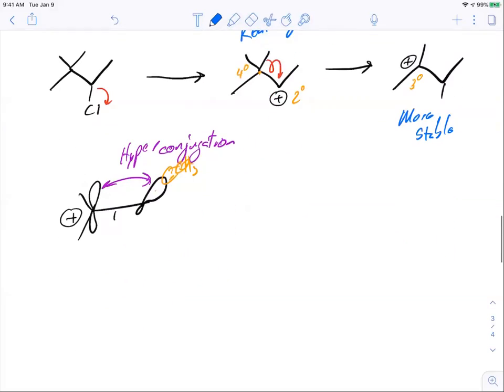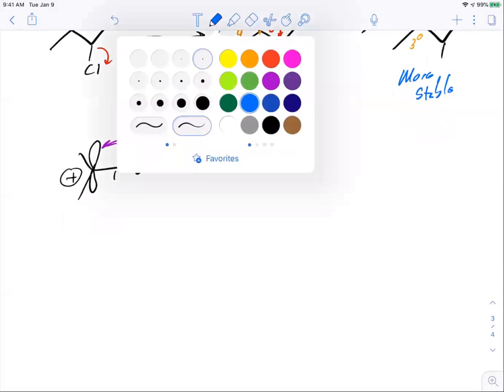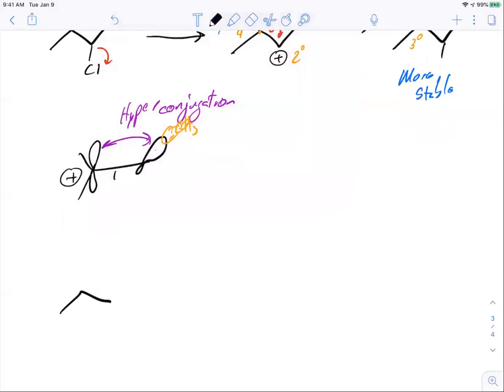So let's show that, getting a few blank stares. So if I had this carbocation and I was going to rearrange it to this carbocation, I'm really going from a secondary carbocation to a secondary carbocation. Could that rearrange? Yes. Is there a driving force for this to rearrange?